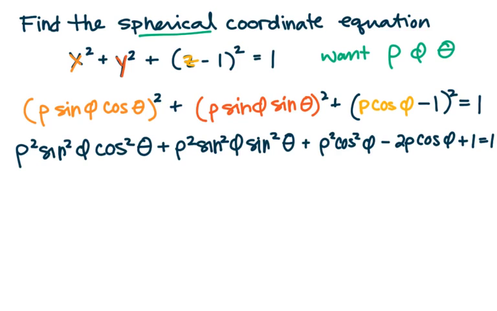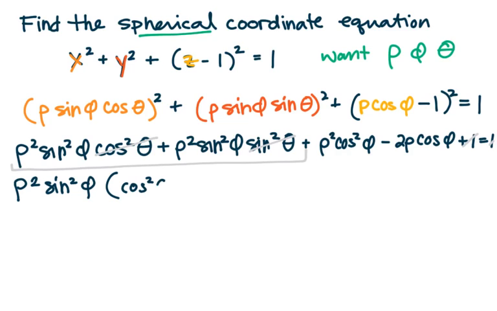Pretty easy. We'll see those 1s are going to cancel. We're going to have some nice factoring. So if you look at these first two terms, you notice we've got a cosine squared plus a sine squared. So if I factored each of these terms out as a GCF, I've got rho squared sine squared phi times cosine squared theta plus sine squared theta, which is of course equal to 1.